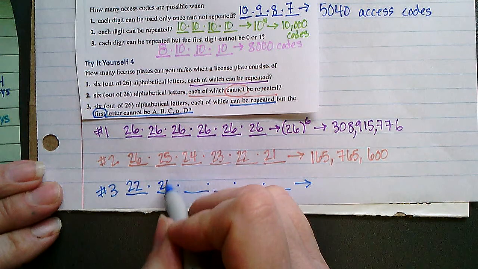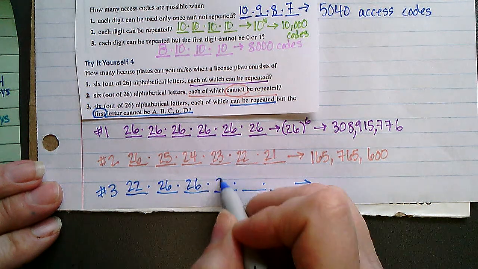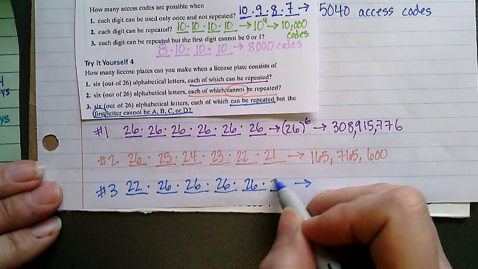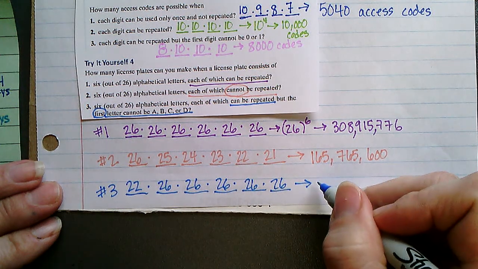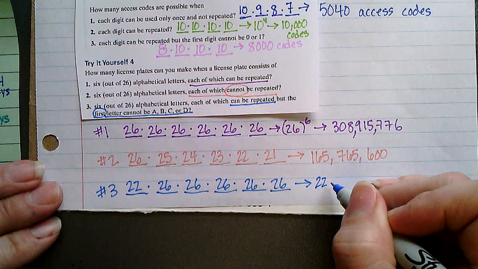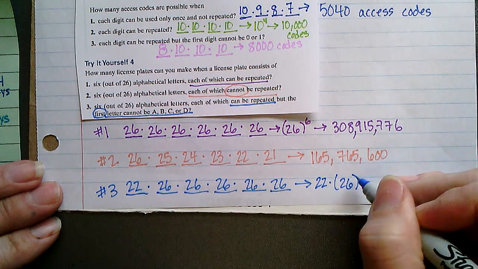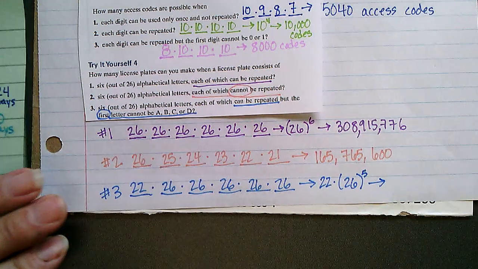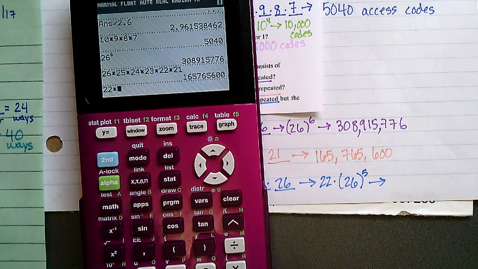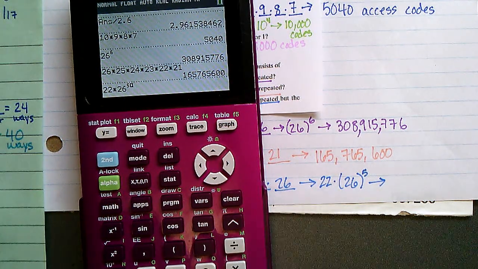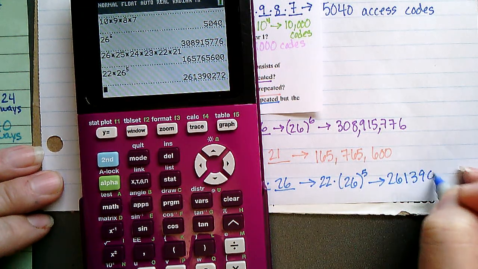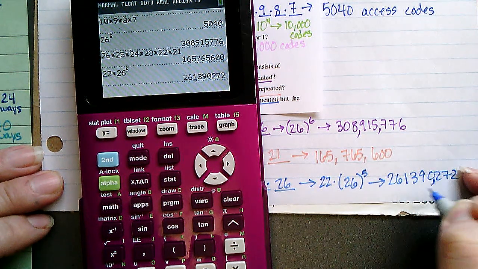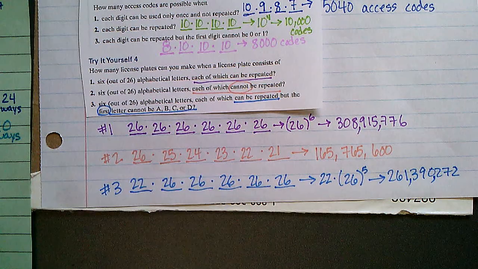And then all the rest of them have 26 choices. So my total number of outcomes will be 22 times 26 to the 5th. So 22 times 26 to the 5th is 261,390,272.